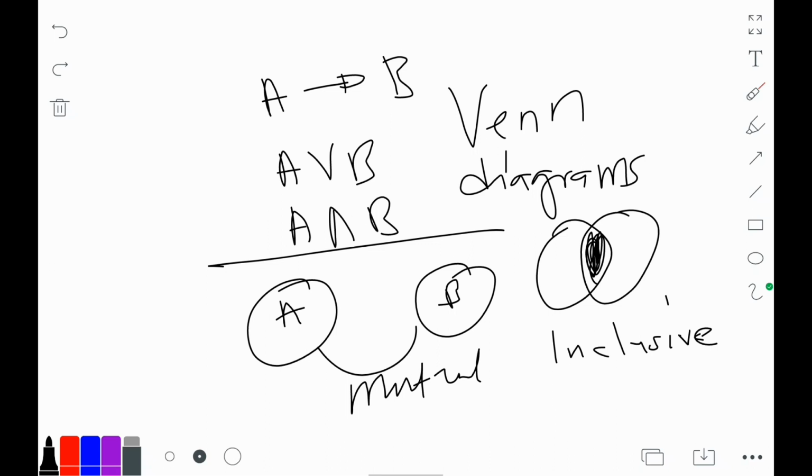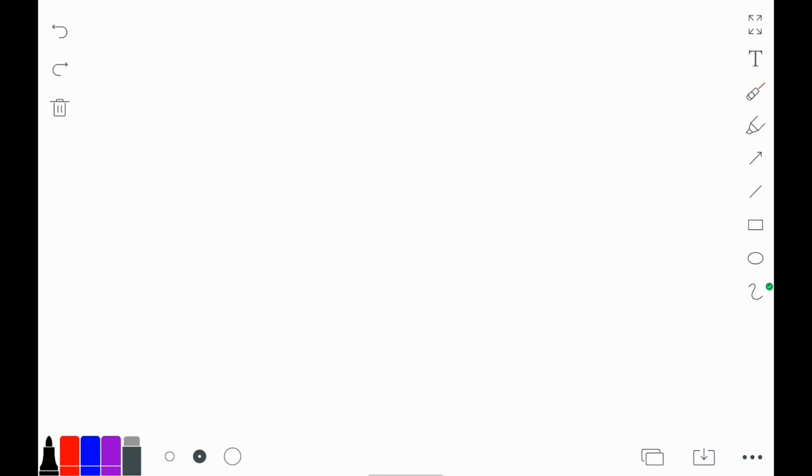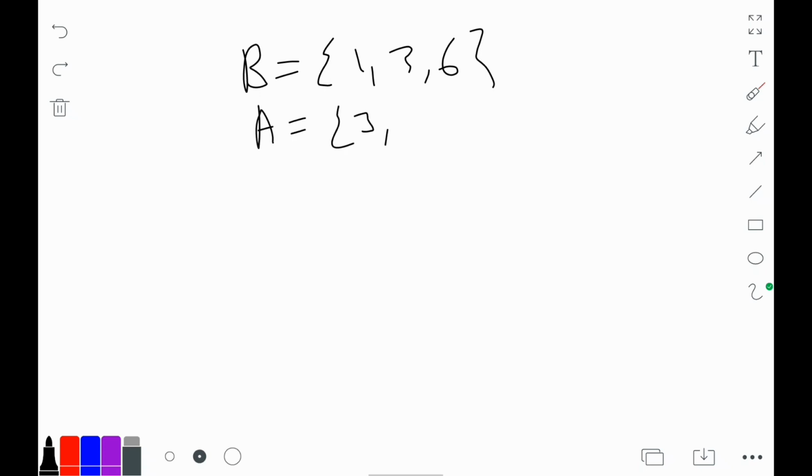The question I'm going to leave you with is a very simple question. You have a set B equals 1, 3, and 6. A equals, let's say, 3, 7, and 10, and you have C, which equals 1, 7, and 15.